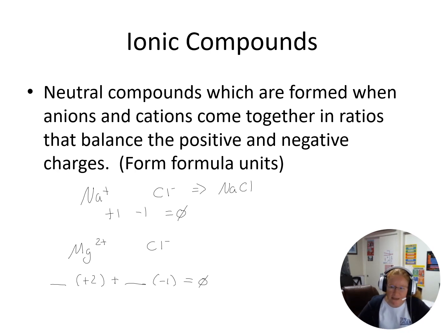So I have to pick a number that I can do a division with. This is easy because it's just 2 and 1, so my number is 2. 2 divided by 2 gives me 1. 2 divided by 1 gives me 2. So I need 1 magnesium and 2 chlorides. So my formula becomes MgCl2. So I get my neutral charge balance there.